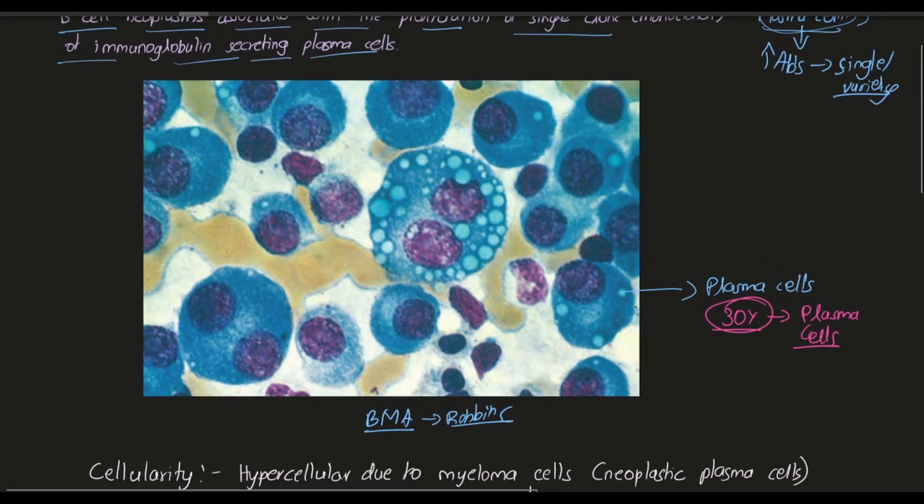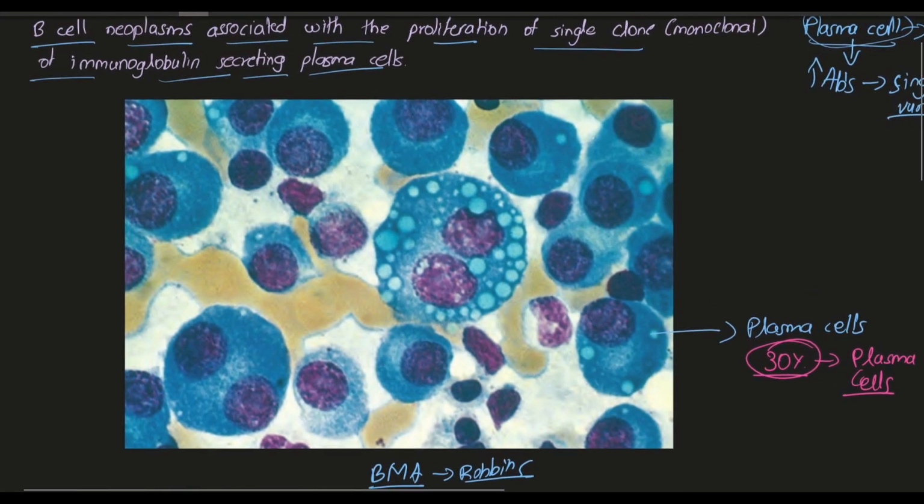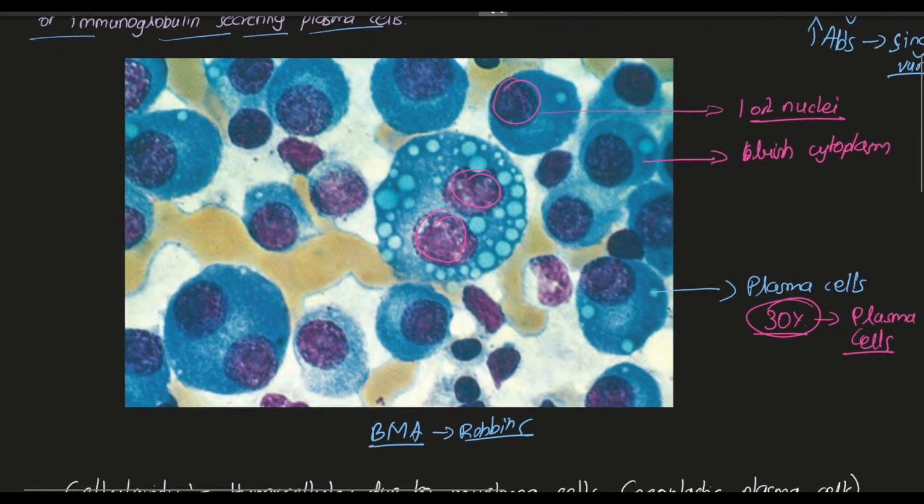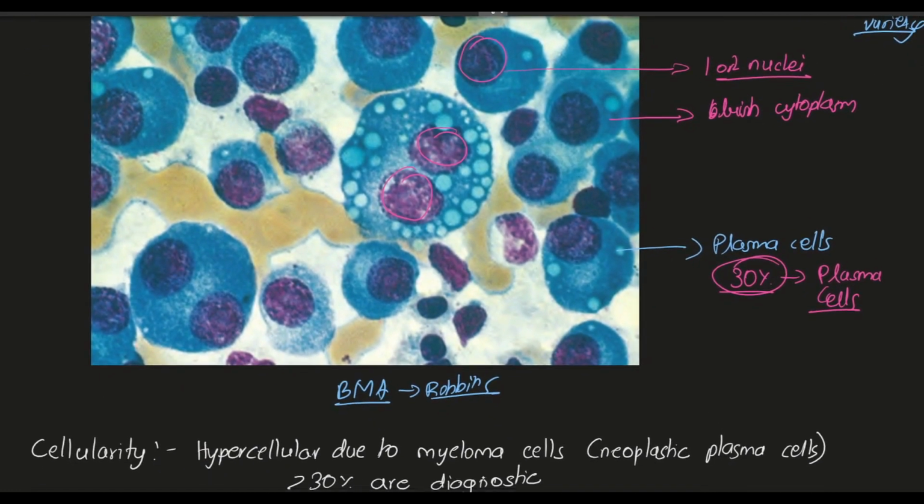That's okay. Then you can see the nucleus may be 1 or 2. So you can observe 1 or 2 nuclei are there, and bluish cytoplasm is there, and there are so many tiny droplet-like things just like water bubbles.